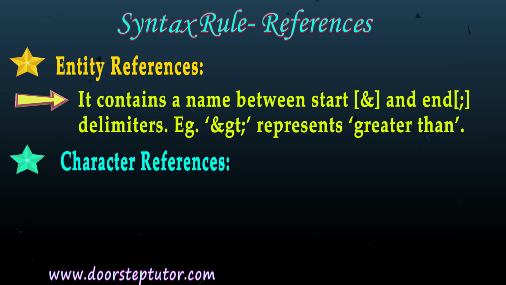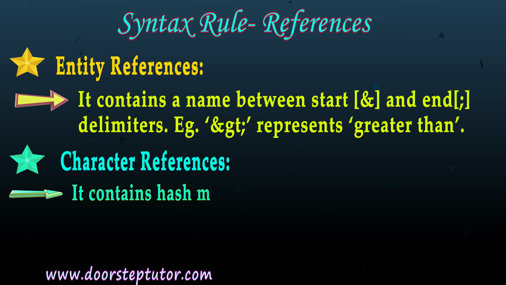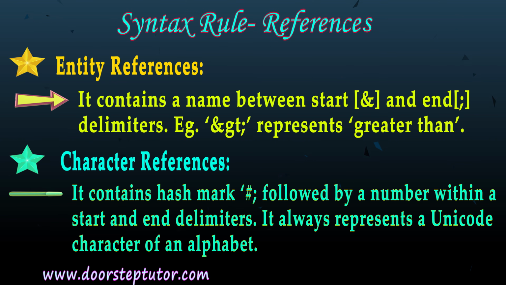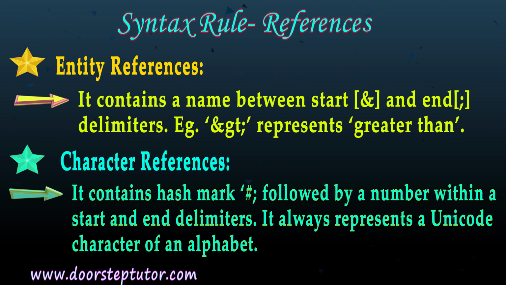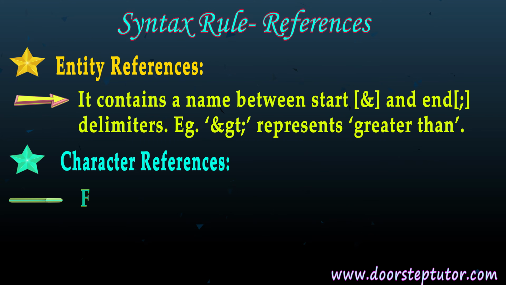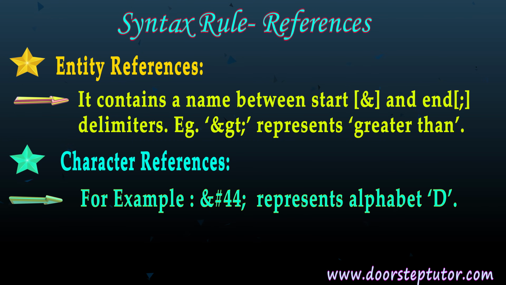Next is character reference. If we want to use a particular character like D, E, F, there is a code for that particular alphabet. For D, I have given the example ampersand hash 44 semicolon. It will simply represent the alphabet D.